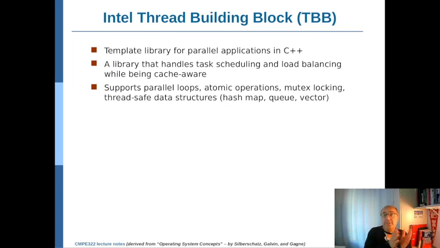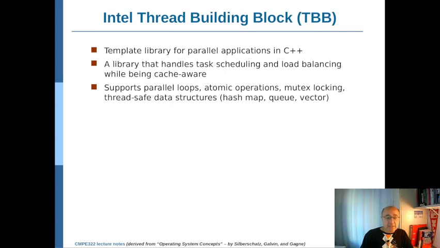So if it finds that another task already has its data in the cache, it might prefer that one. Of course, it's also looking at fairness. So the ones that don't have their data in the cache, at some point they will also get the chance. Otherwise, it will always be the ones that are in the cache, and they will always be in the cache, so the others would starve.